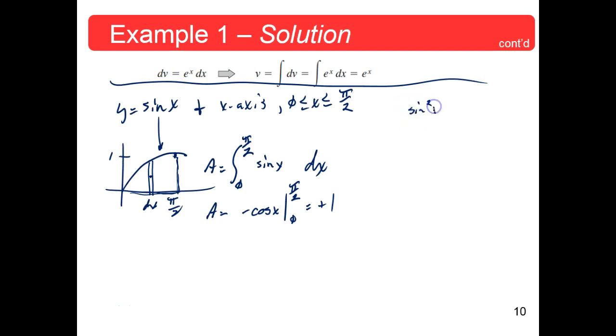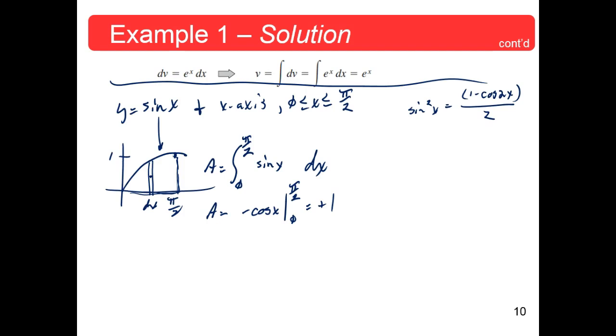Sine squared x, I think is what they're using here, is equal to, and this is basically part of your half angle formula, but not quite there. They sometimes call this a power reducing formula. And it's 1 minus cosine 2x, divided by 2.